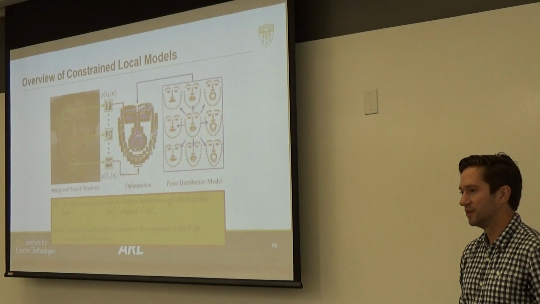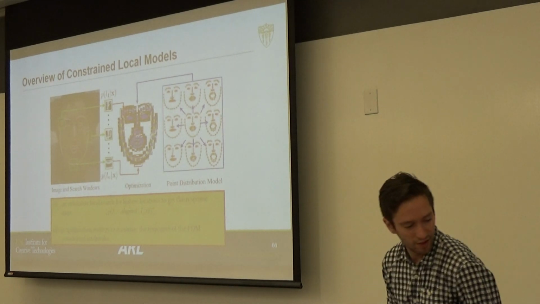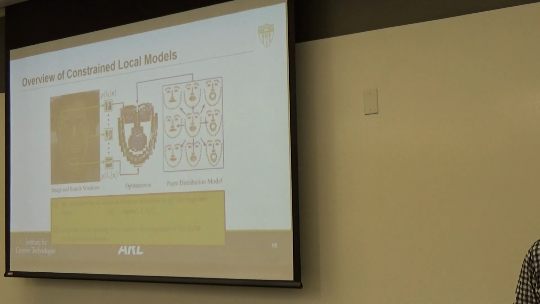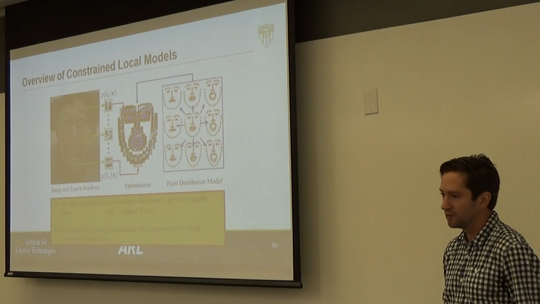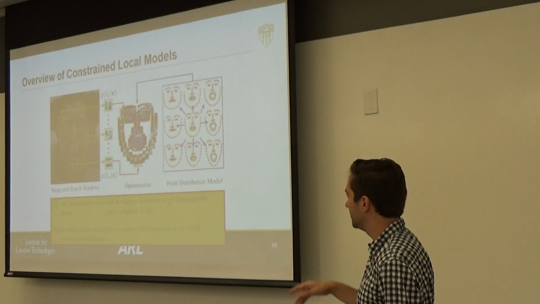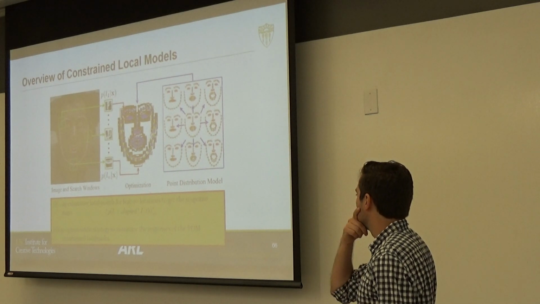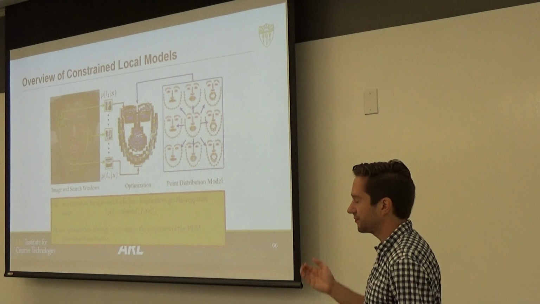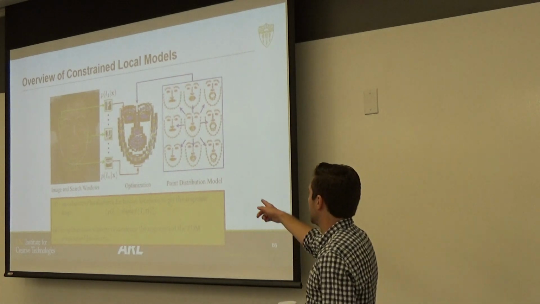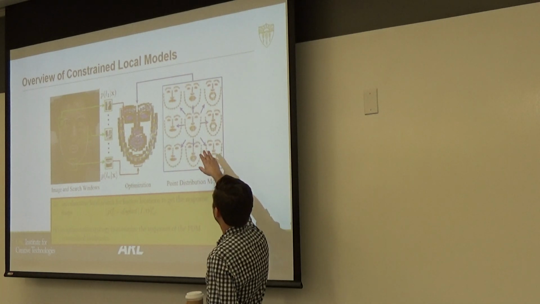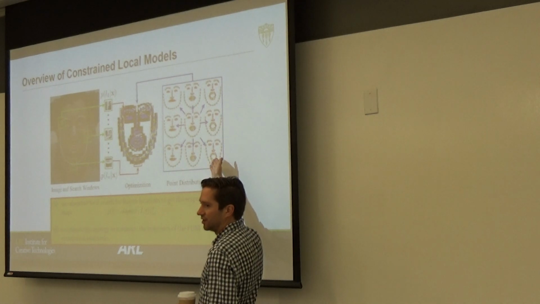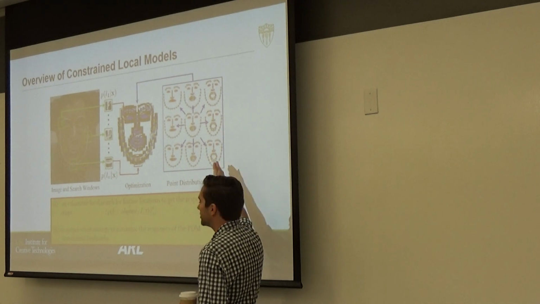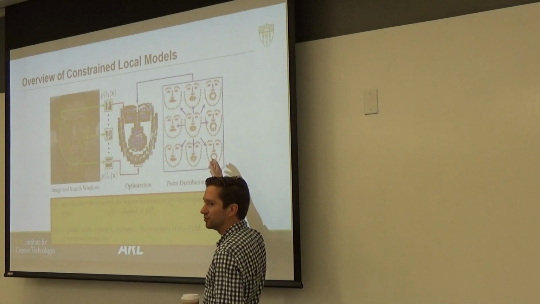What's a PDM? The PDM, I think it's a point distribution model, which in this method is the way you describe the shape of the face, basically. So for example, you have various kinds of shapes here, and you try to match something like this, so it's kind of continuous and smooth.